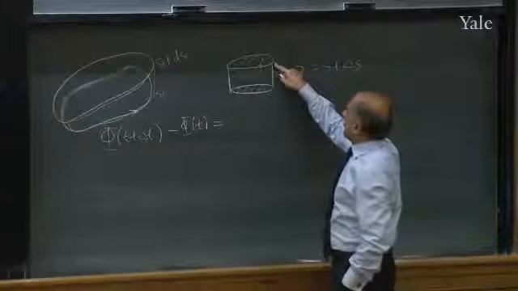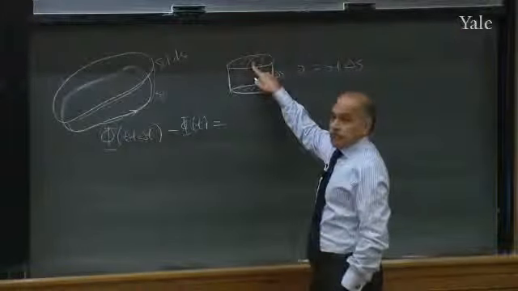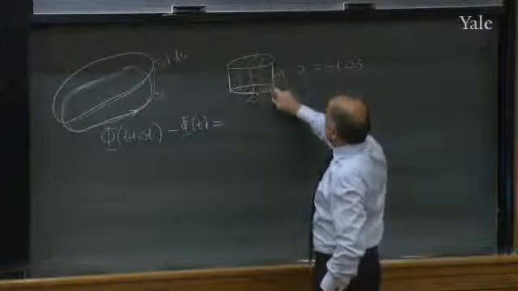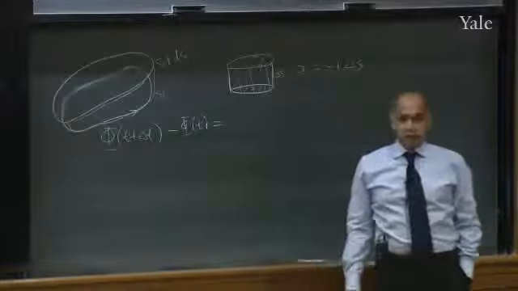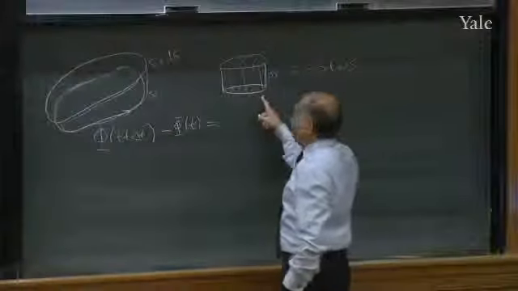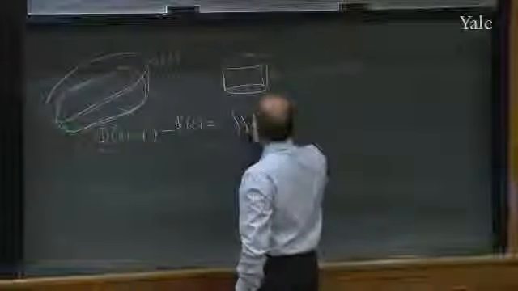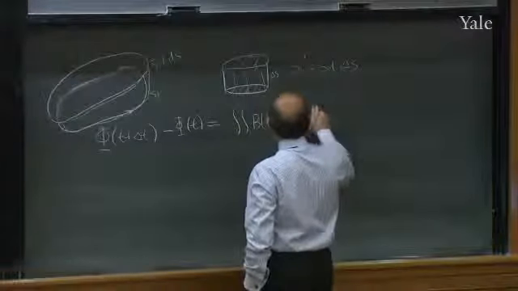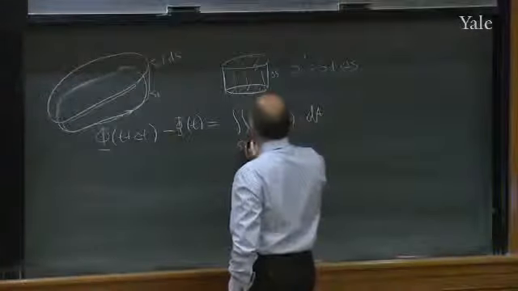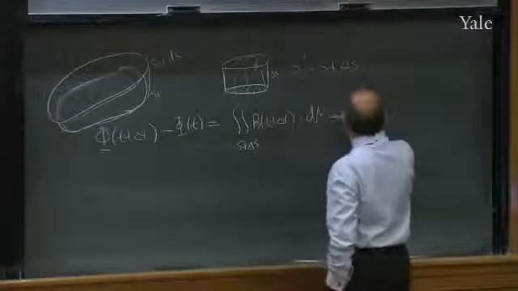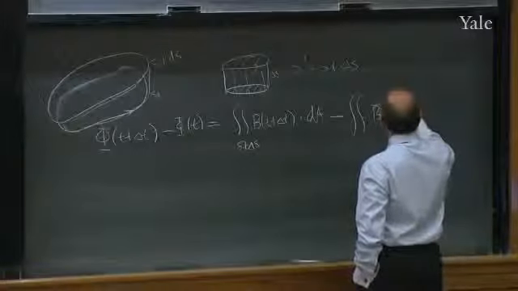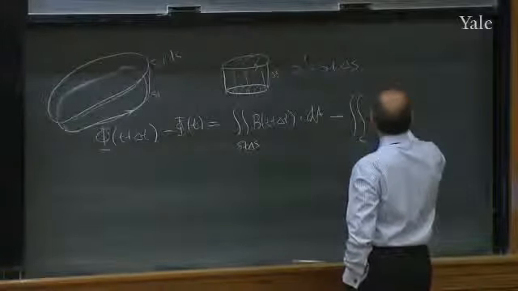But rather than that surface, I'm going to use the old surface plus the patch job to make it into the new surface. So I want the magnetic field at t plus delta t on the surface S plus delta S, minus the integral of the magnetic field dA on the old surface at time t.